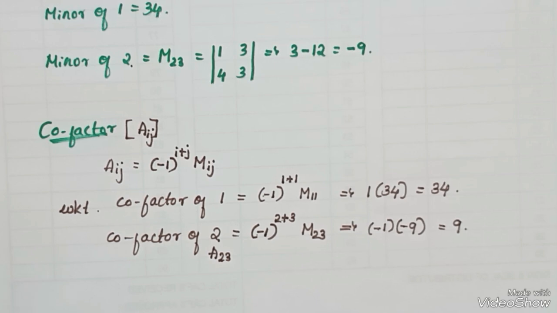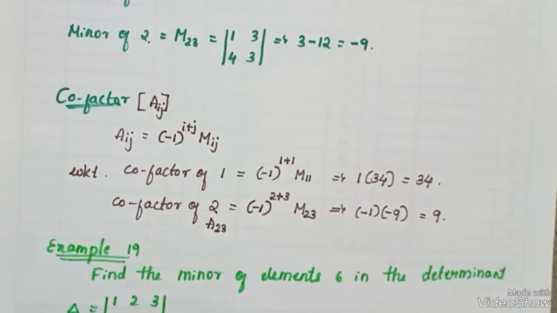Now here is one example. Find the minor of the element 6 in the determinant with the elements 1, 2, 3, 4, 5, 6, 7, 8, 9.